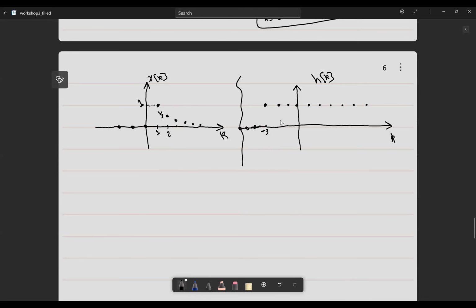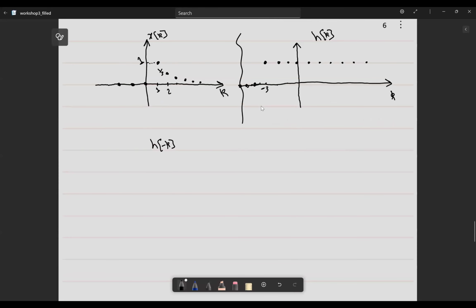So first, I'll just do a time reversal. So h[-k] will start from 3, and when k is larger than 3, it will be all zeros.